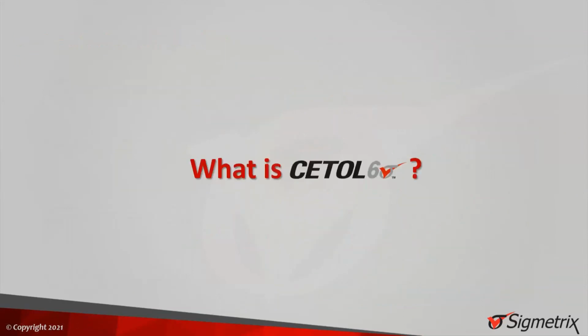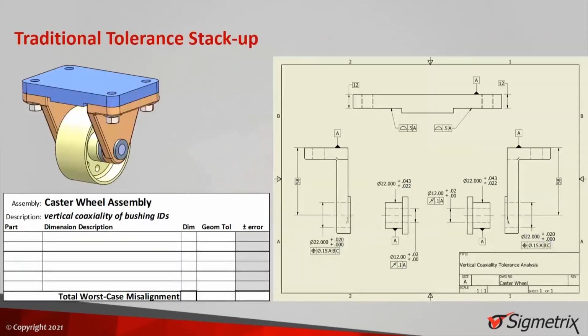Okay, so let me have an introduction about CETOL, that is a three-dimensional tolerance stack-up. This is a traditional method to do the tolerance stack-up. It is one-dimensional stack-up. Usually first we need to find the cross-section and build up the dimensional chain.